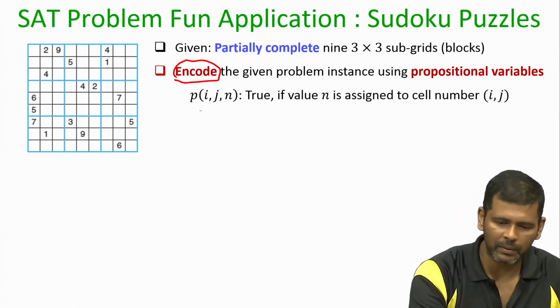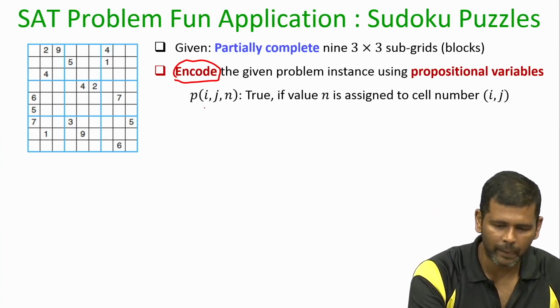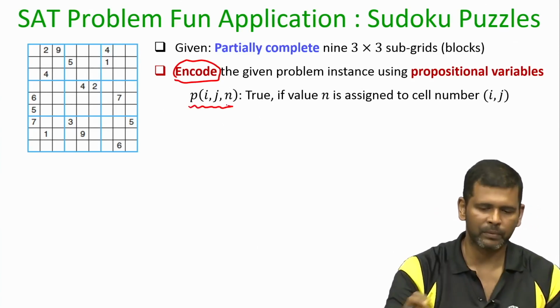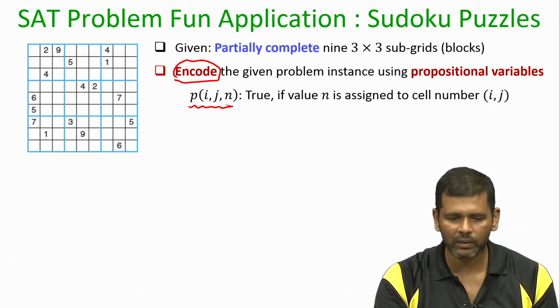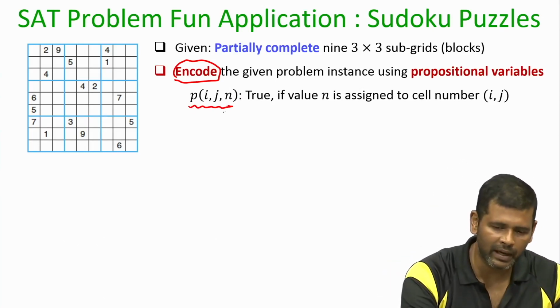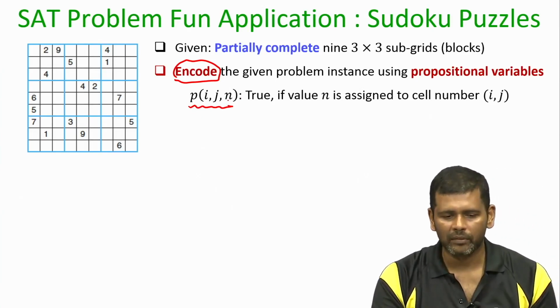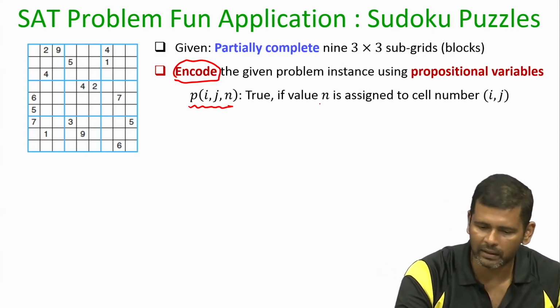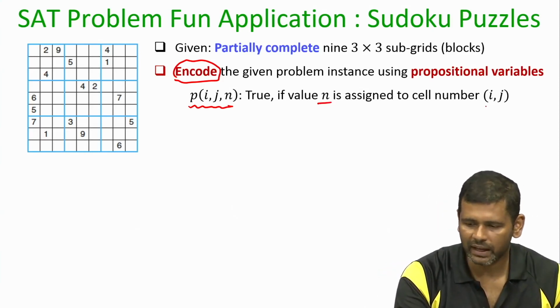So, I introduce a propositional variable p i j n. This entire thing is a propositional variable. P is not the only propositional variable; my entire propositional variable is p i j n, and it will be true provided n is assigned to the cell number i comma j.